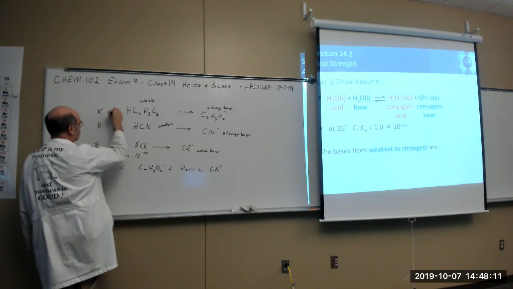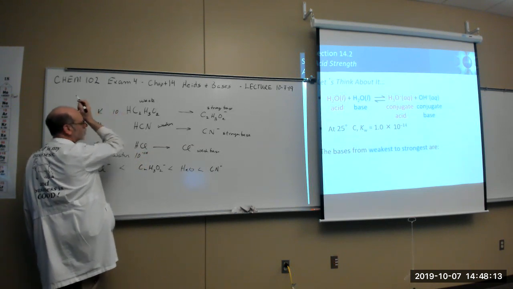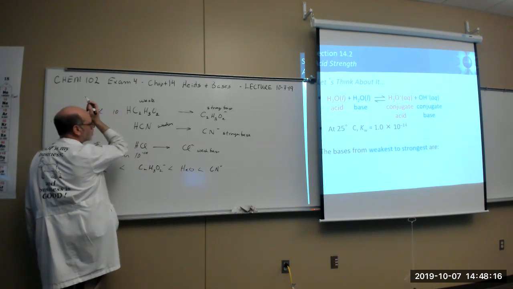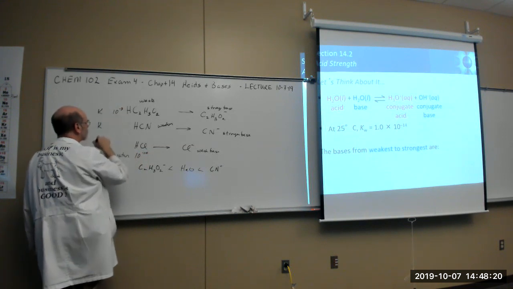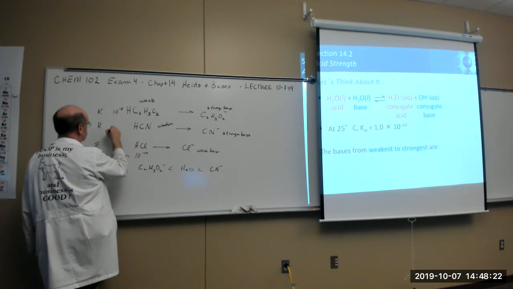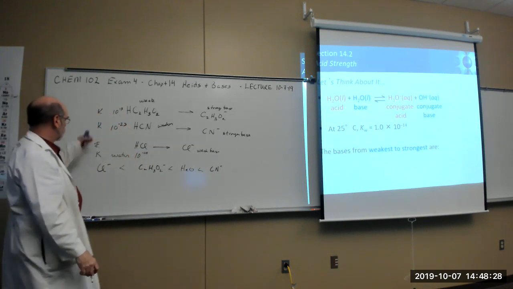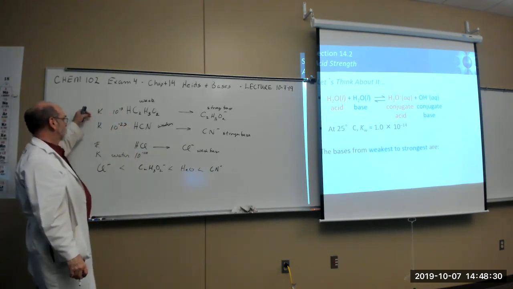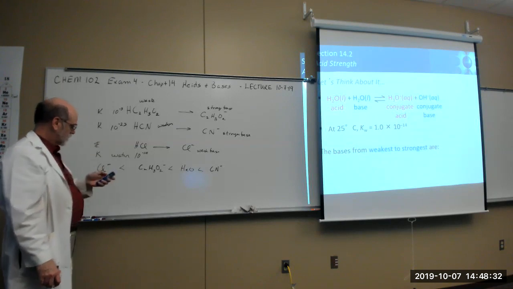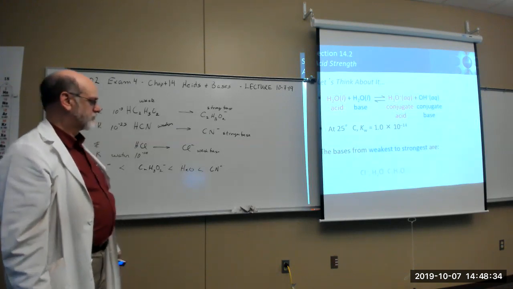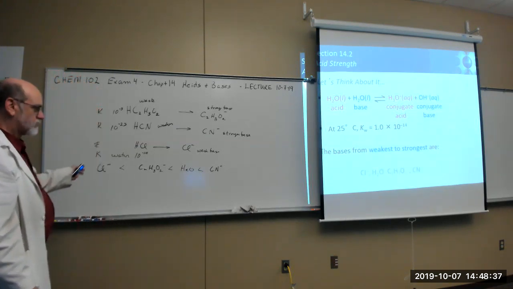This is like 10 to the minus 5th, I think. And this is like 10 to the minus 23rd, something like that. Weak acid. Okay, so there's the order.